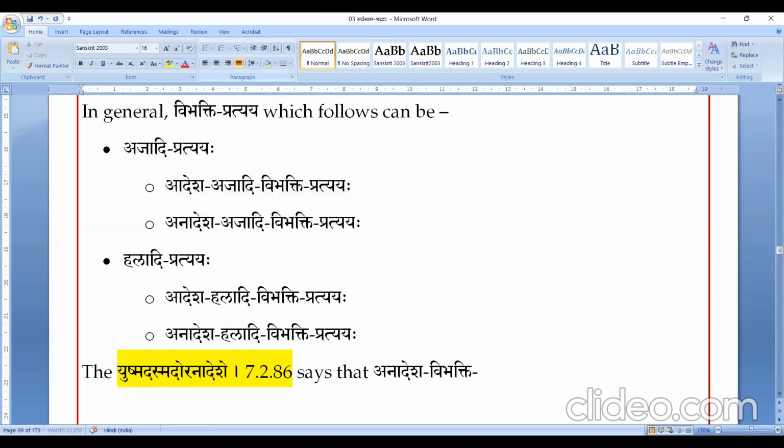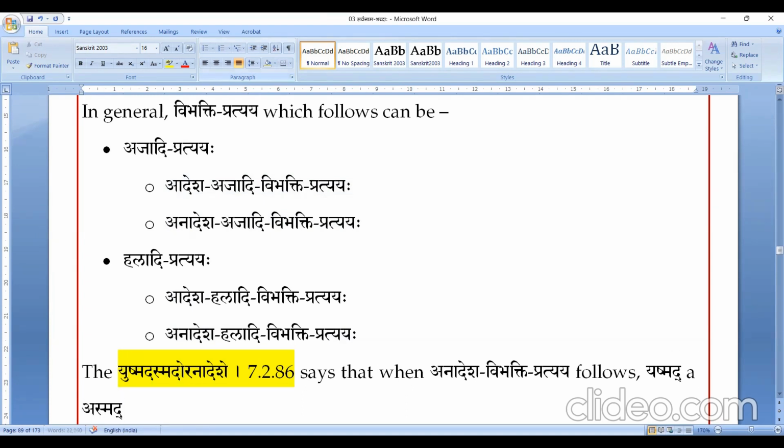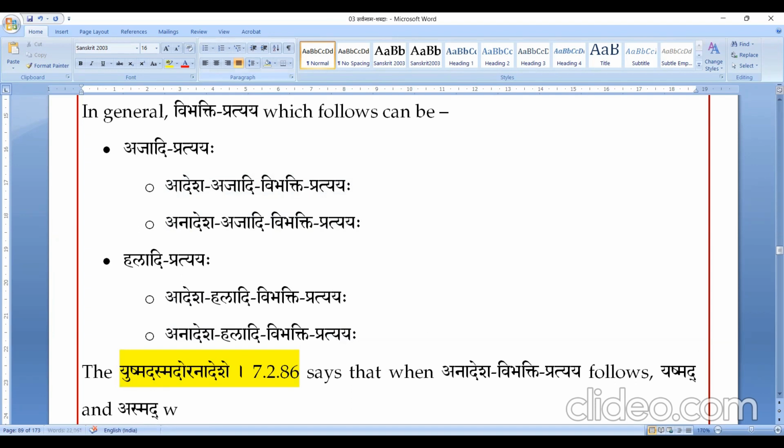When Anadesha Vibhakti Pratyaya follows, Yushmad and Asmad will get Akara Adesha. Yushmad and Asmad will get Akara Adesha.